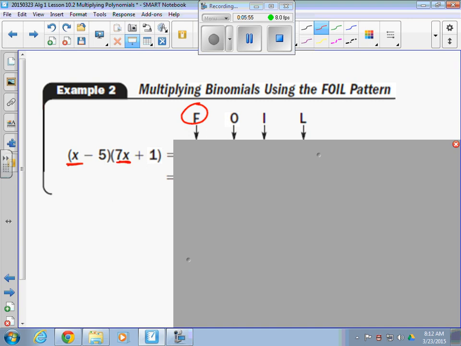This is the first term of the second binomial. So to multiply the first terms, you multiply x times 7x. So 7 times 1 would be 7, and you multiply x times x. You add the exponents to get 7x squared.